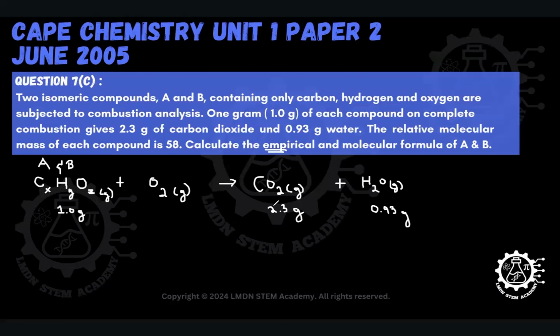If I am getting 2.3 grams of carbon dioxide, all of the grams of carbon that was present in the original compound is going to end up in the carbon dioxide, because these carbons all are going to end up here. And similarly, the hydrogens that end up in the 0.93 grams of steam that we get all have to originate from over here, right?